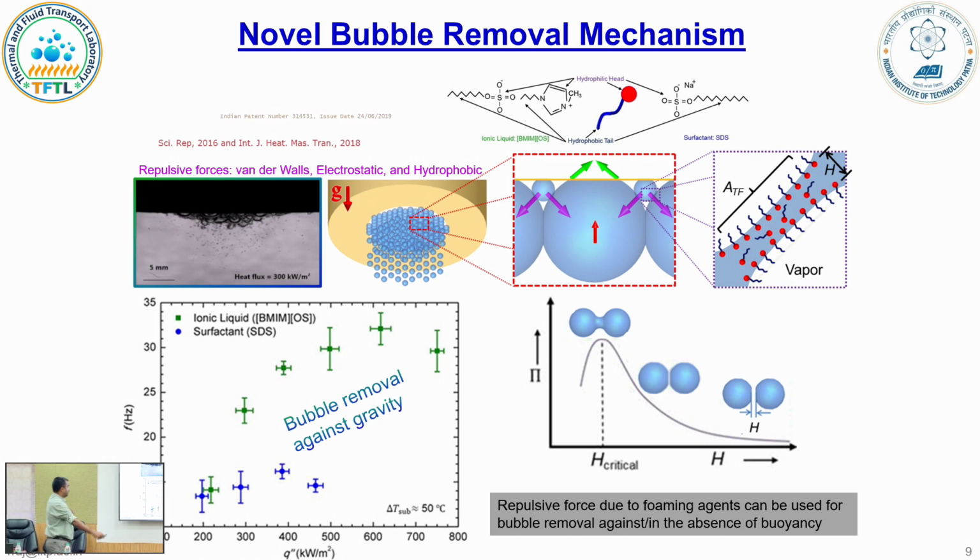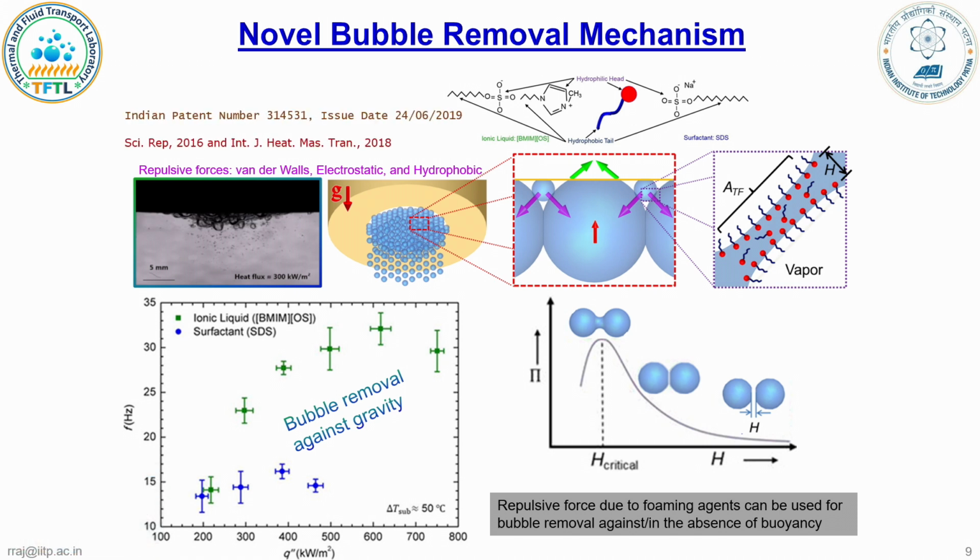And with that, we got up to a bubble departure frequency of 15 to 20 hertz with surfactants, compared to above 30 hertz, which is what happens when we boil water under standard earth gravity conditions.